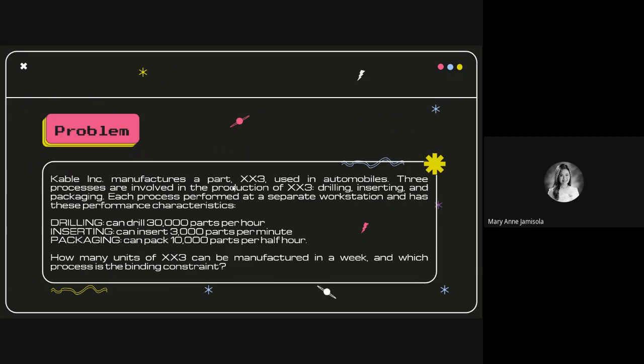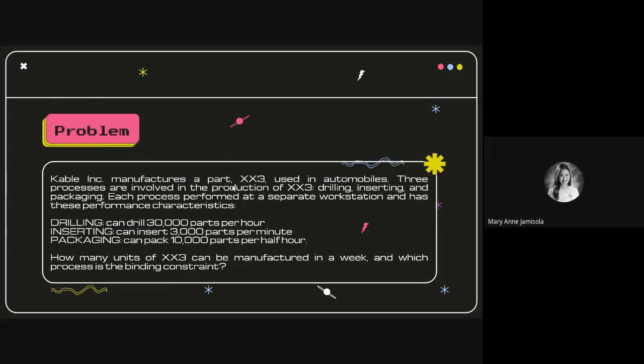So how many units of XX3 can be manufactured in a week? Let's assume a 40-hour work week. We work 40 hours per week. So let's pick the number of parts related to the binding constraint. Again, the binding constraint here is the packaging. It can only pack 20,000 parts per hour.